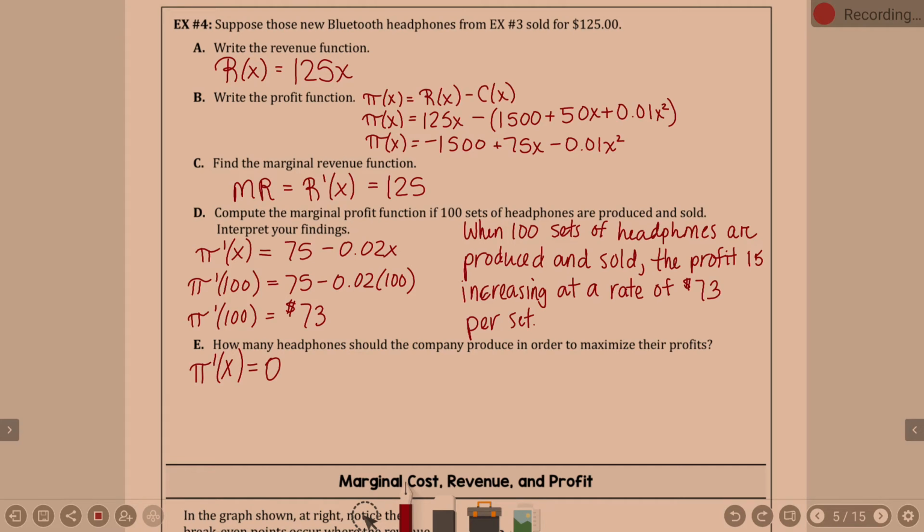So we're looking to get that marginal profit equal to 0. Now, what is our marginal profit formula? 75 minus 0.02x equals 0.